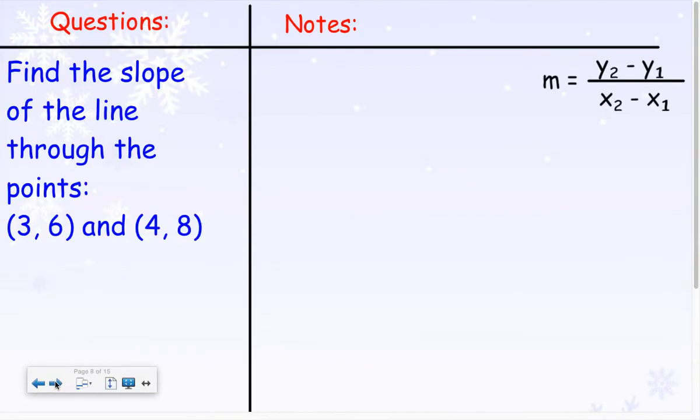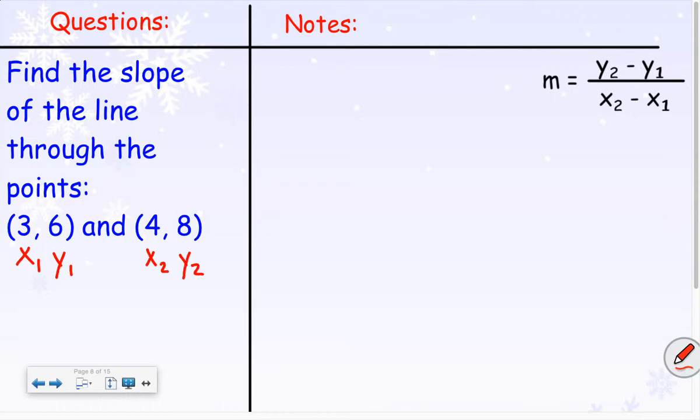So first of all, before we get into anything new in this lesson, we're going to review finding the slope. We're going to find the slope through the points (3, 6) and (4, 8). Whenever I'm finding slope, the first thing I want to do is label my ordered pairs x1, y1, and x2, y2.